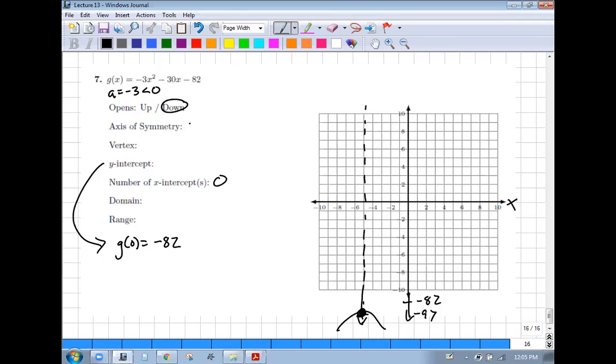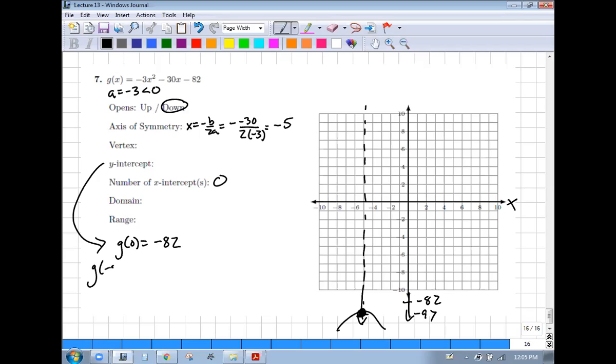Let's try this again. Negative b over 2a. b is negative 30. a is negative 3. A minus and a minus gives us a minus. 30 divided by 6 is 5, right? So now I'm going to do it down here and make sure I'm doing it right.